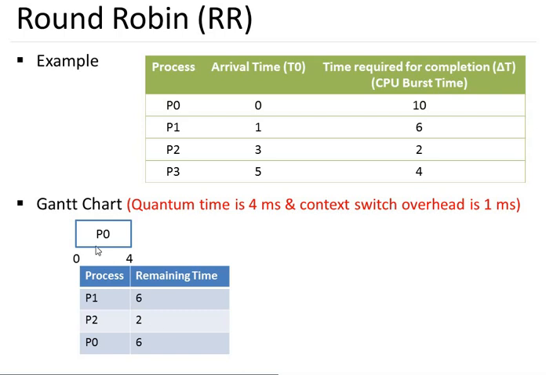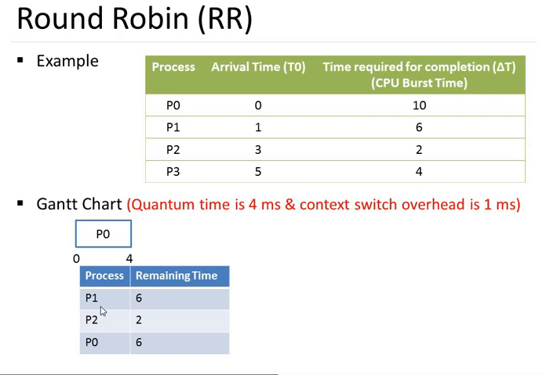Now process P0 gets switched out, so again it comes to the last of the queue. This is your queue actually. In this queue P0 was first selected, after that P1, after that P2, and again P0 comes over here after the context switch.